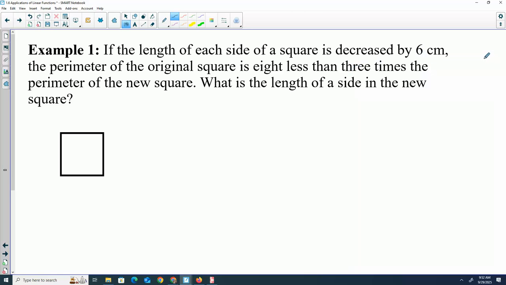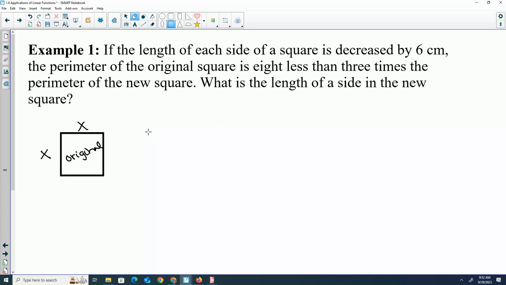What does that mean? We're going to subtract. Do I know how big the sides were to start with? No, so what could I call that? Okay, let's just start with the original is x. That counts as defining your variable. I label it in my picture. I know x is how long the side was to start with.